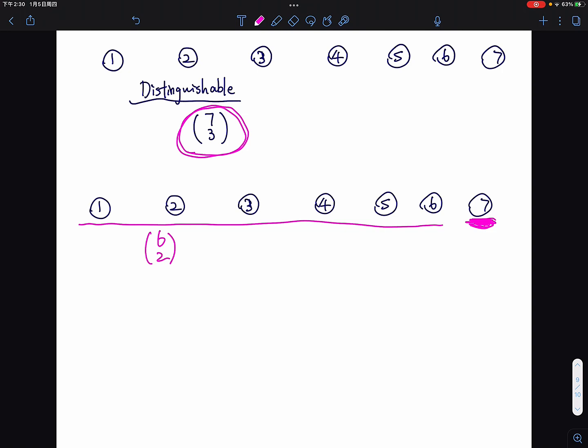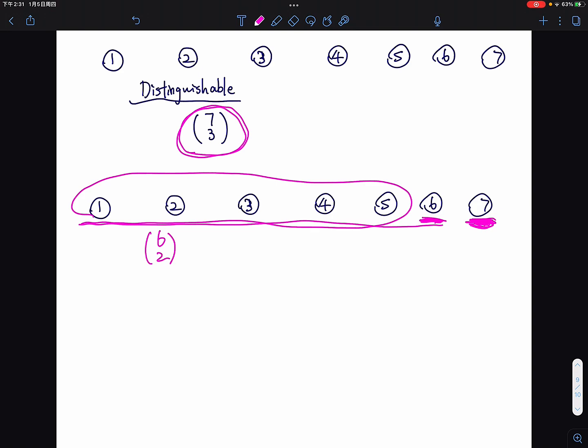Okay, let's move on. We are going to start with the second highest number, which is 6. And we're going to be left with a pool of 5 balls, and we're going to choose 2 numbers from that. Now here you might ask, how about 7? Why aren't you considering 7? Well, that's a very good question.